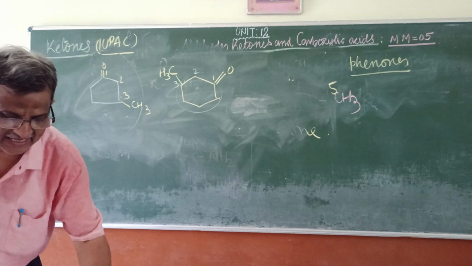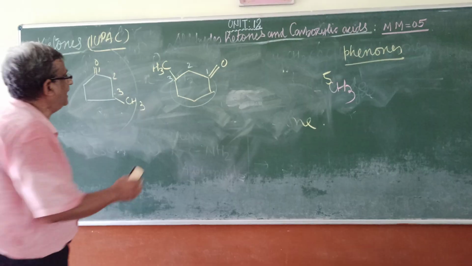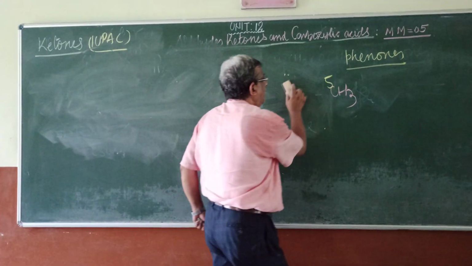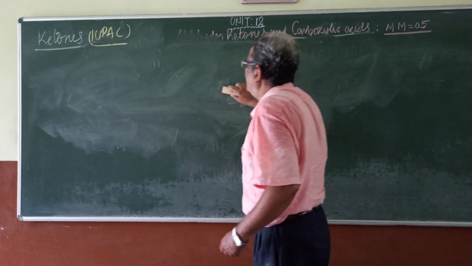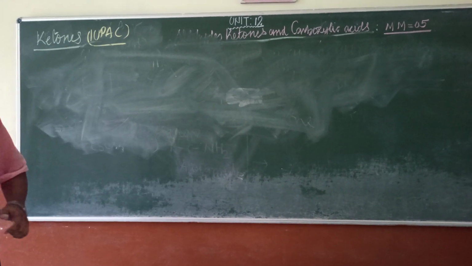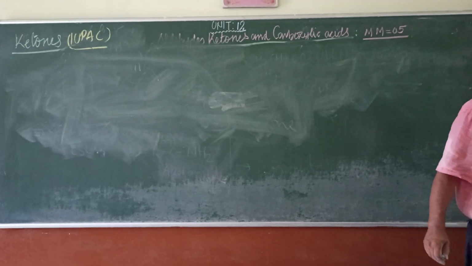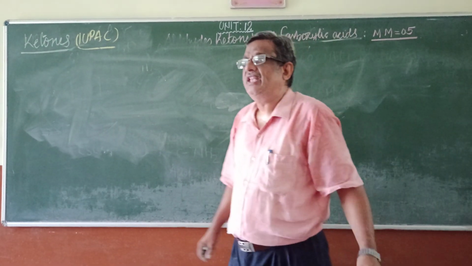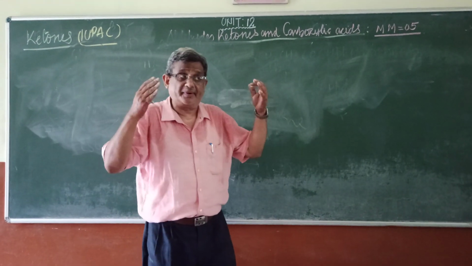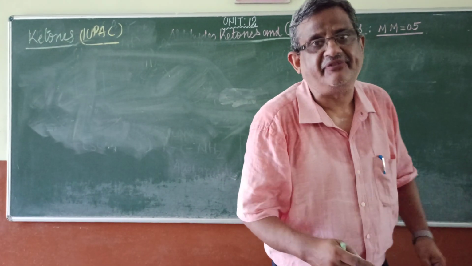Now, sometimes we have in the same compound both aldehydes and ketones. Suppose you have one compound in which there is both aldehyde and ketone. How are you going to name it? I have told you, you must have learned in class 11 that aldehydic group is senior to ketone. So children, here the aldehydic group becomes the principal functional group and the ketonic group becomes the secondary functional group.